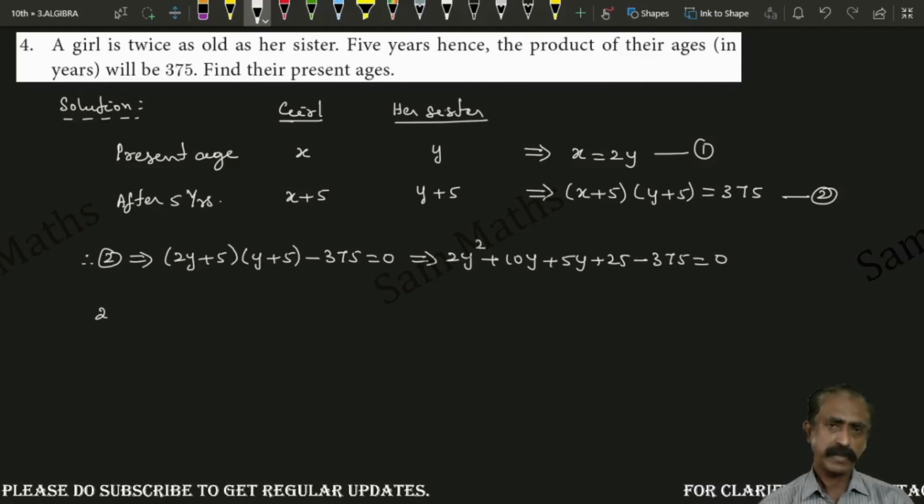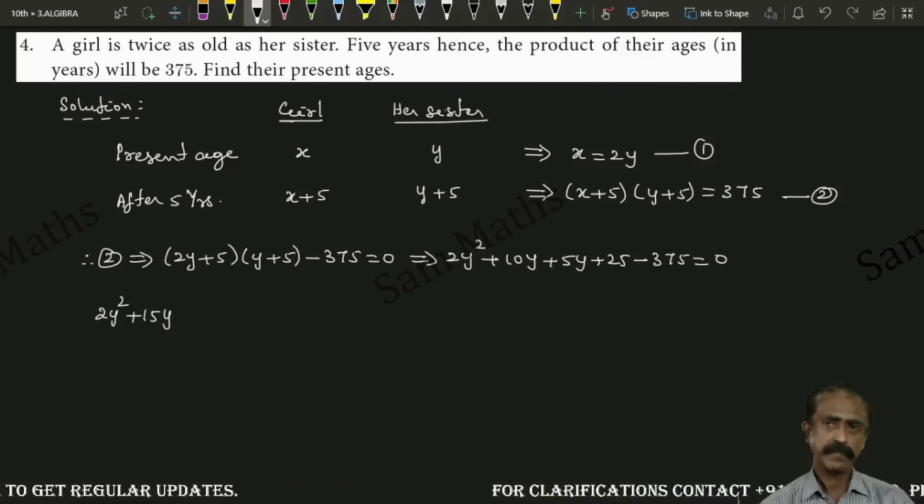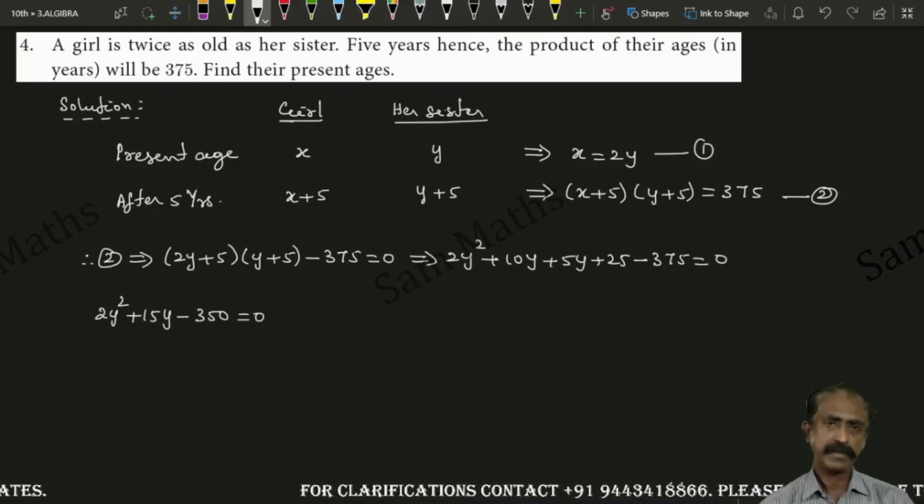It becomes 2y square plus 15y minus 350 equal to 0.